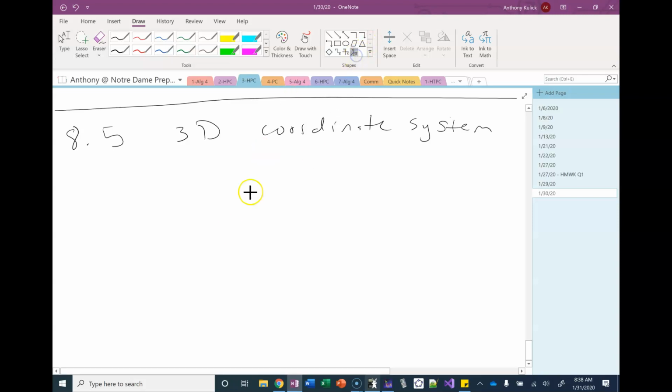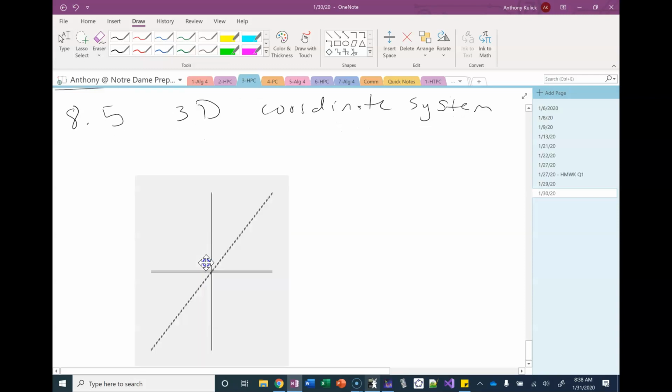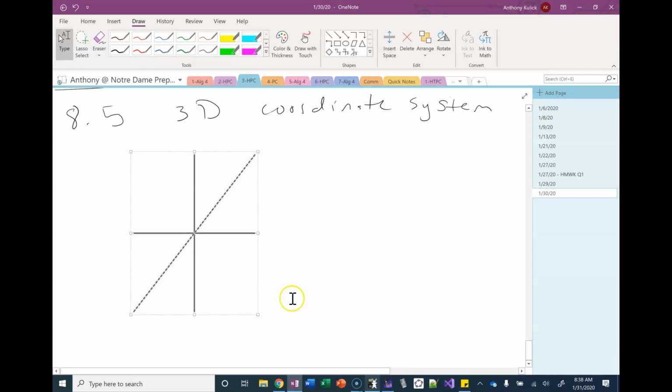No, there's no school tomorrow. So what we're going to talk about today is mostly just some basic ideas for a three-dimensional space.